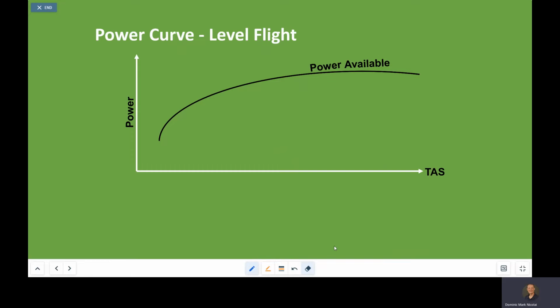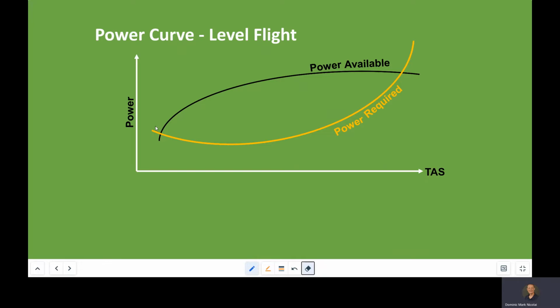A 3,000 pound airplane, I need 3,000 pounds of lift. We can equate that to, I need a certain amount, based upon that little concept formula on the last slide, I need a certain amount of power just for level flight. And I can see that as I go faster, I need more power. But interestingly enough, as I go slower, I need more power.